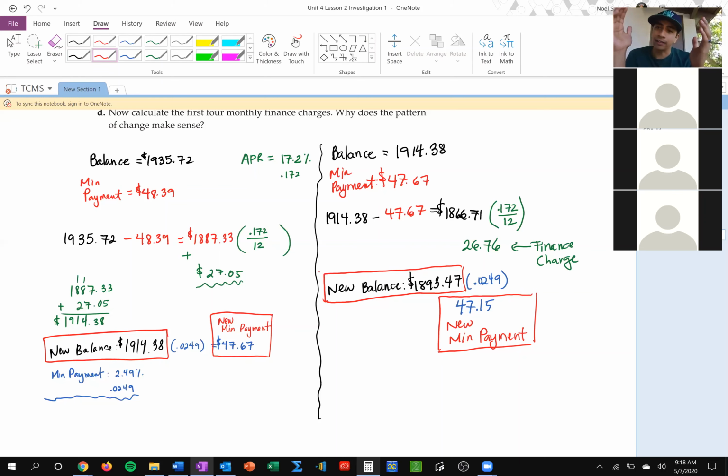So sometimes it's worth it, even if you don't leave as much in your savings, to say, okay, let me get rid of some of this credit card debt, because in the long term it'll be cheaper for me than if I save more but have all this credit card debt. In the long run, you're paying more money to the interest. So that's one of those things where it's hard to wrap your head around. You feel poor because you don't have anything saved up because you're paying off your credit cards, but then it's eventually worth it because you've saved yourself a lot of money in the long term.